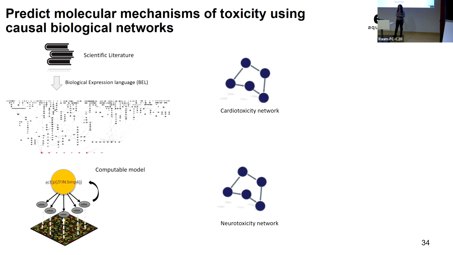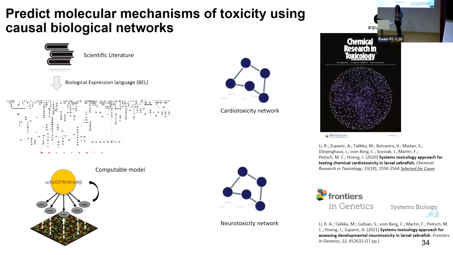These networks also had a second layer, which consisted of a molecular profile for some of the nodes, and which allowed us to score this network with transcriptomics data sets, and then to infer from this which nodes were active. This would allow us to make predictions about molecular mechanisms. I don't want to go into further detail, but if you are interested in these two networks, I invite you to read these two papers here.